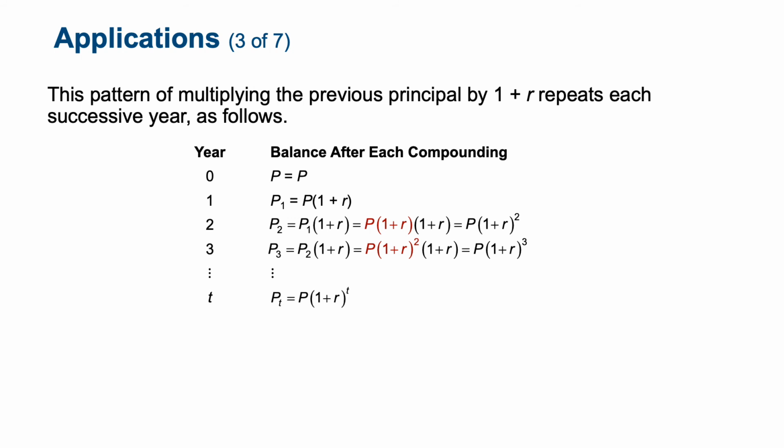For year 2, you have P2, which is equal to the previous times 1 plus r. So basically it's P times 1 plus r squared, because see how it's based on the one before it? So it keeps going, and ultimately after t years, you get P times the quantity 1 plus r to the t power.